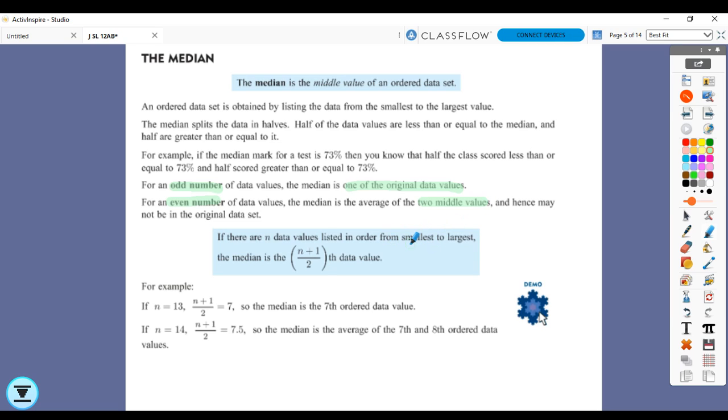If they're put in order, for the median we take n plus 1 divided by 2. That's the data value we need to use. For example, if you have 13 data points, we need the seventh data value. If there are 14, an even amount, you need 7.5, so you average the 7th and 8th.